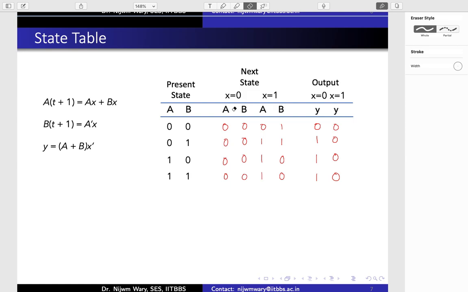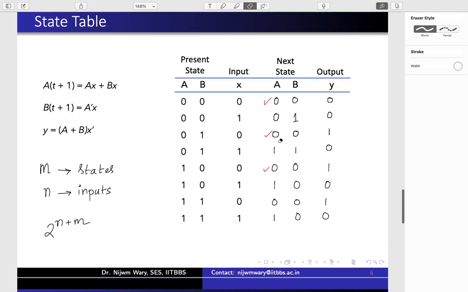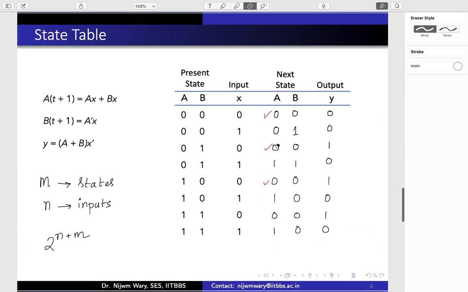If I have only one variable, the number of columns in this case is 1 2 3 4, but if I would have two inputs, then it would have been 4 into 2, total 8 columns, so it becomes difficult. Similarly for the output also. So depending upon the number of inputs and outputs, we have to either go for this way of representation or this way of representing the state table.